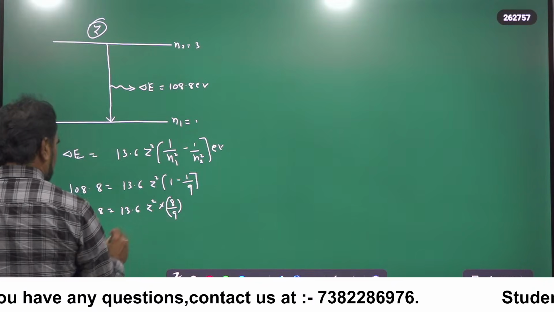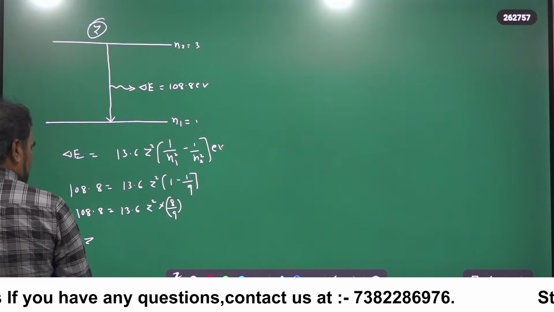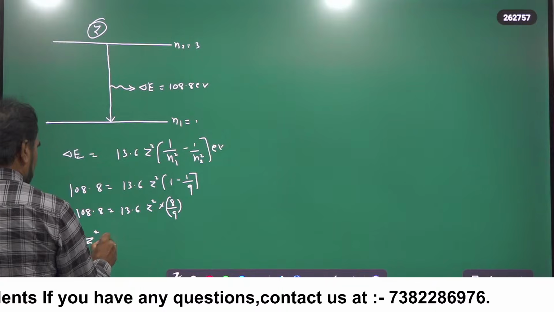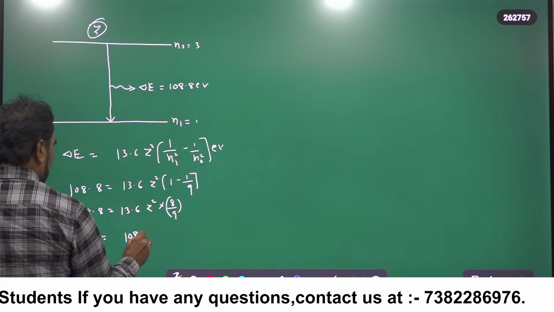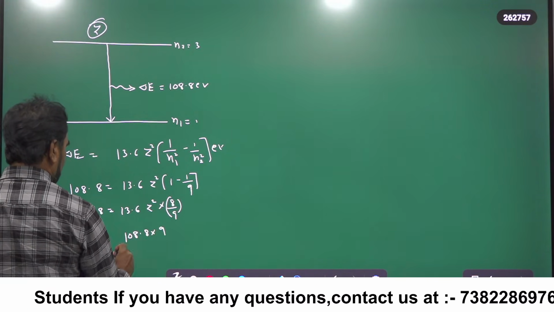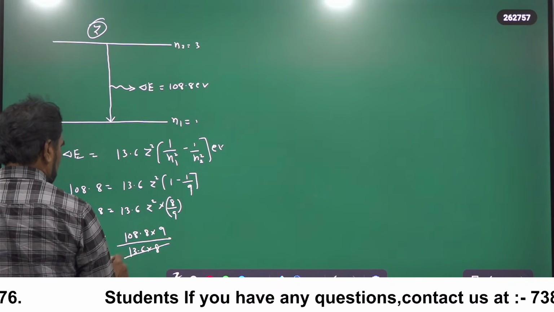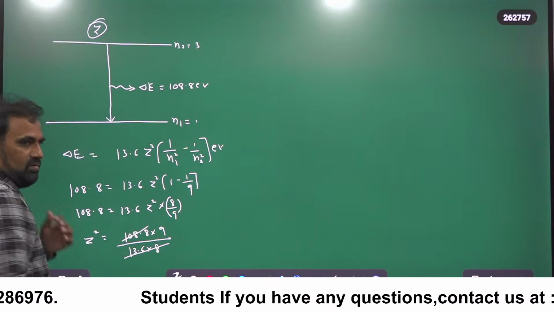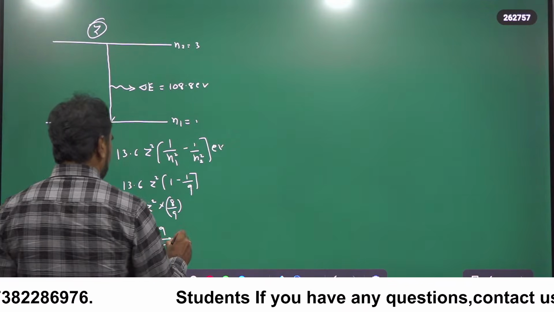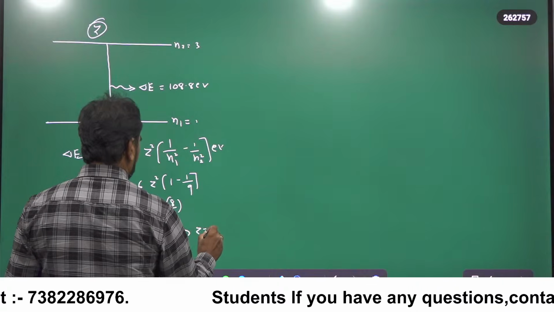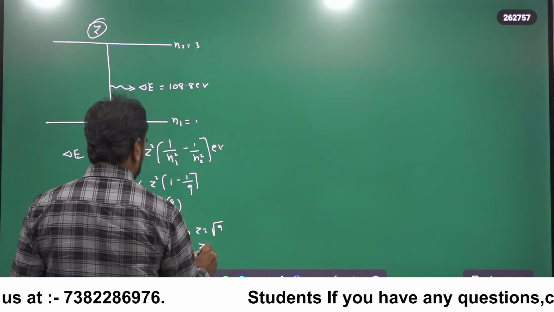Is it clear? So Z square would be equal to 108.8 into 9 upon 13.6 into 8. This is the 108.8 value, and this is also 108.8. From this, Z is equal to root 9, so Z is equal to 3.